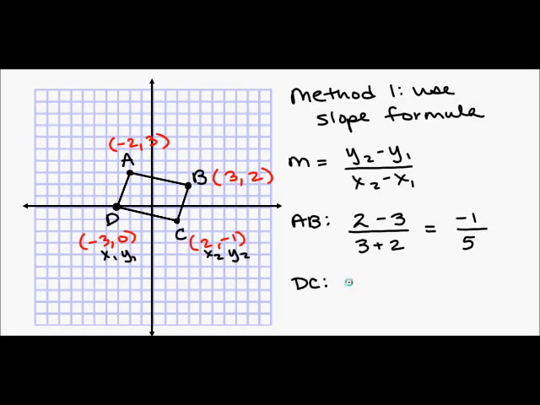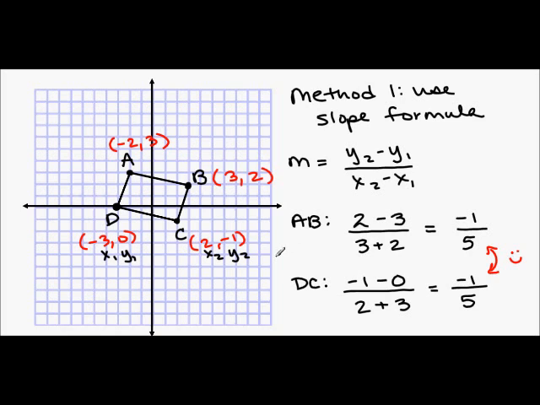Now my y2 is negative 1 minus y1 is 0 over x2 is 2 minus x1 is negative 3, so I'm going to change that to a plus 3. Negative 1 minus 0 is negative 1. 2 plus 3 is 5. So I have the same slope. These are both negative 1/5. That's a good thing.